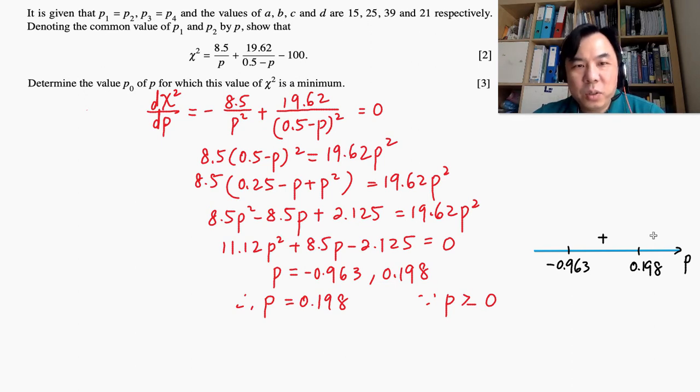So if you try 0.4 here, we are going to check whether we get a positive number or a negative. For sure here you will get a negative number because we are interested in the value of 0.198. So we don't really need to evaluate this, right? And then at this point, how does a line graph actually help us to determine whether this chi-square value is minimum or maximum?